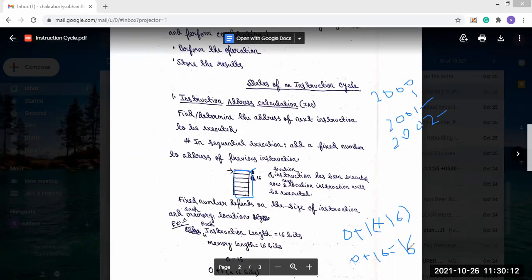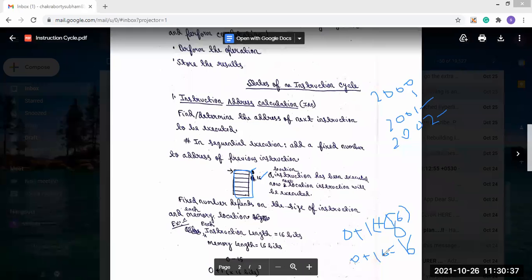So depending upon that, we will know. So the first is the 0th location and the second will be 16, if the instruction length is 16 bits and memory length is also 16 bits. But let's say if we take the instruction length as 8 bits and memory length also as 8 bits.